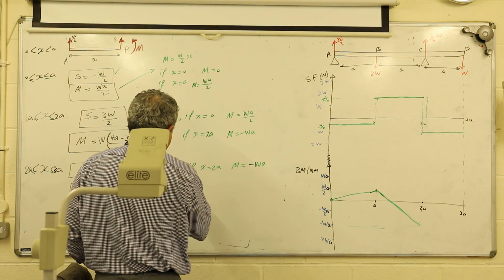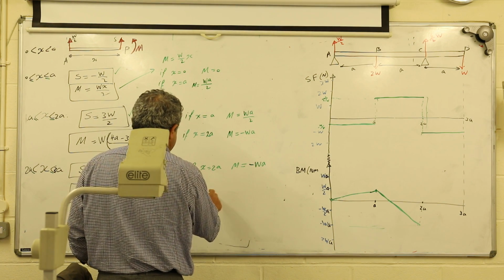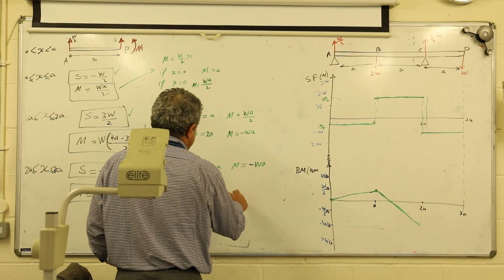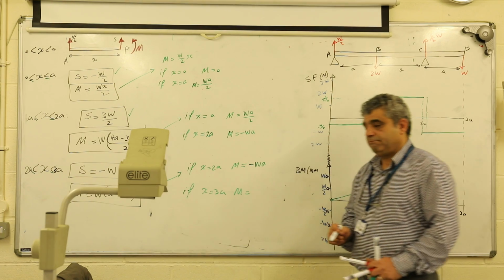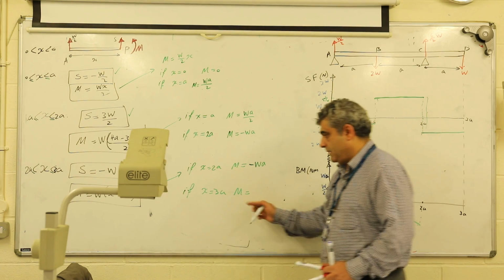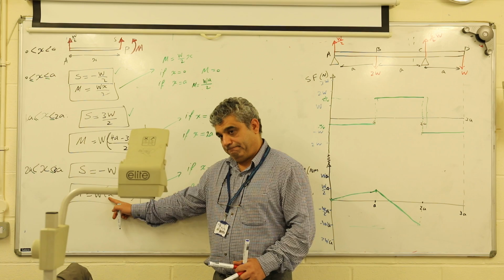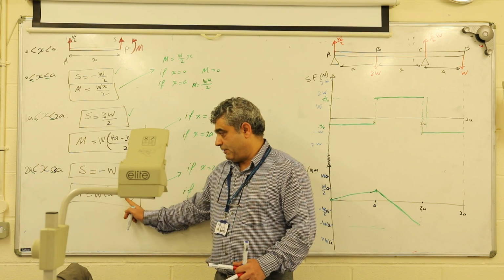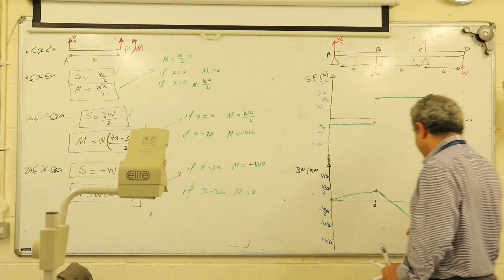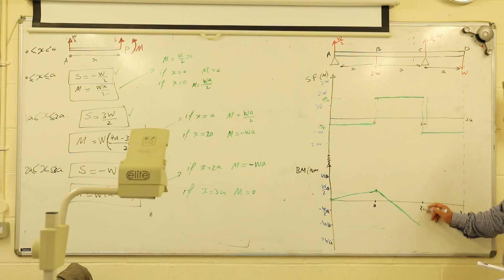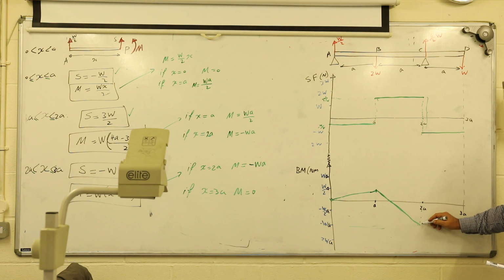Yes? And if x is equal to 3a, m is equal to? 0. If I put 3a instead of x, it'd be 0. 3a minus 3a times that would be 0. So at x equal to 2a, the beam's value would be minus WA.